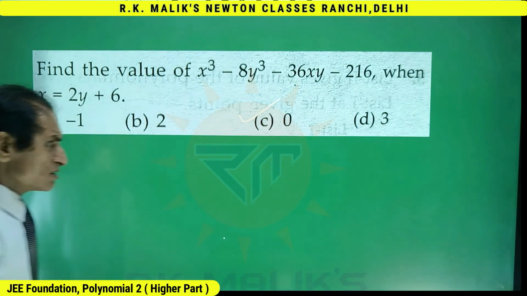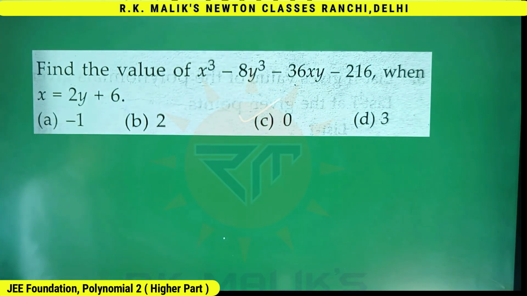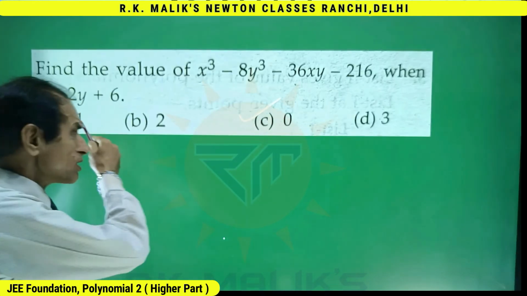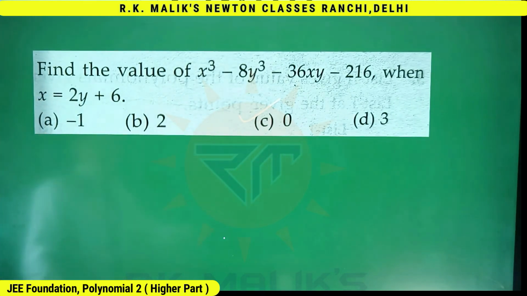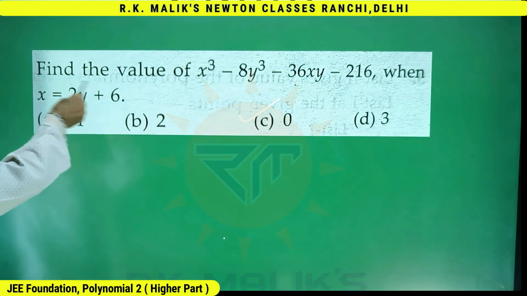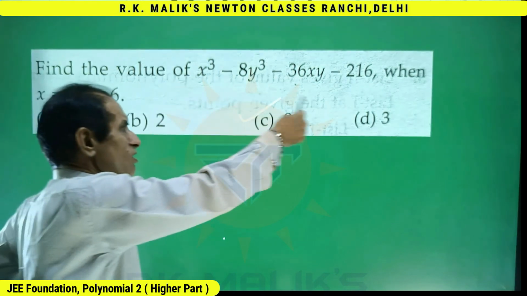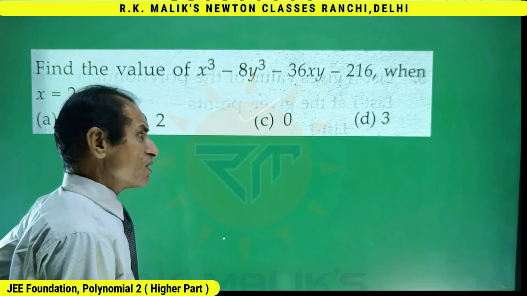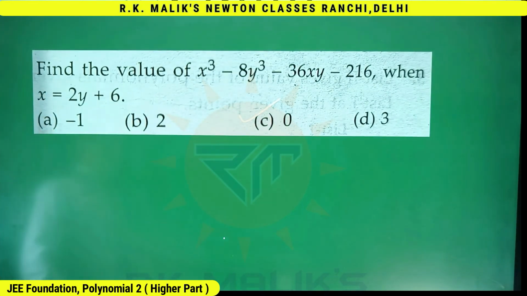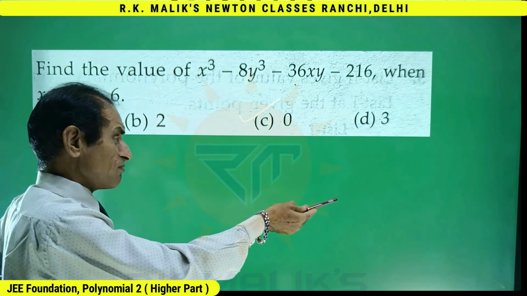Hence I can say answer is C. The point to be noted was, because from the language of the question it is clear that if this condition is satisfied, the answer of this is going to be a constant. And because it is going to be a constant, the answer doesn't depend upon x and y.